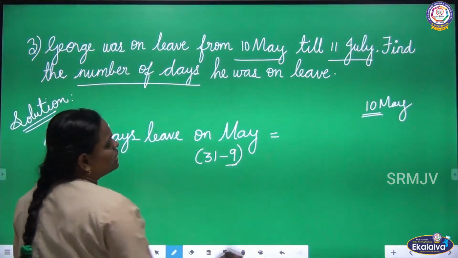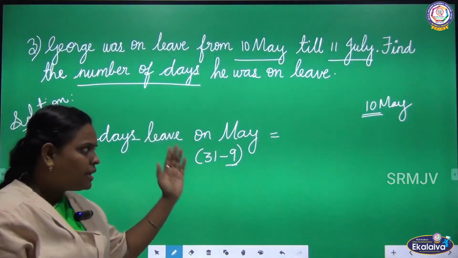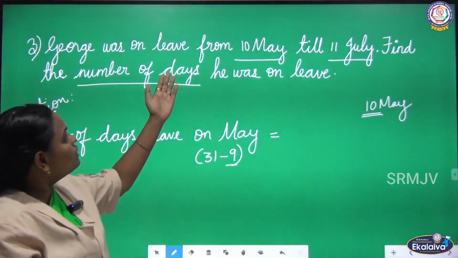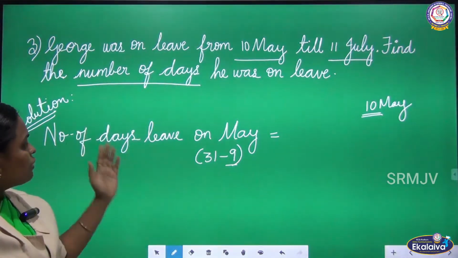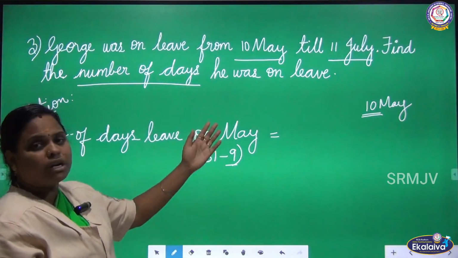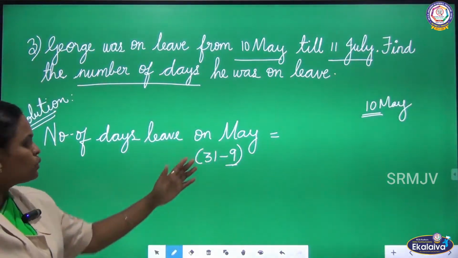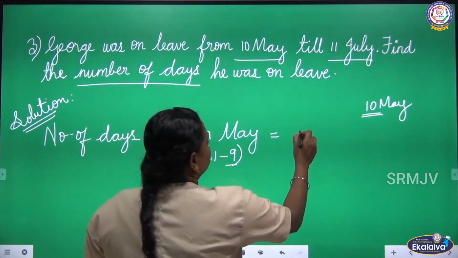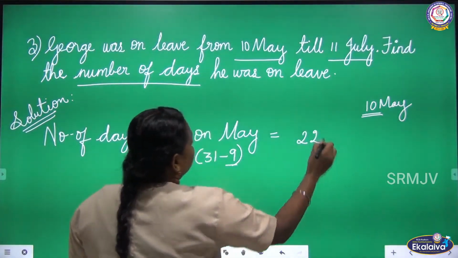Why are we subtracting 9 here? Because from 10 onwards he took leave. If you subtract the numbers before it, you will get how many days he took leave in May. So 31 minus 9 is 22.